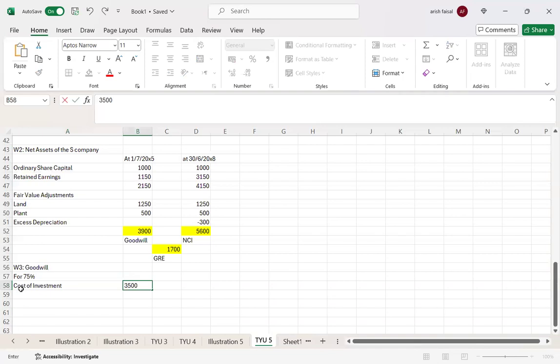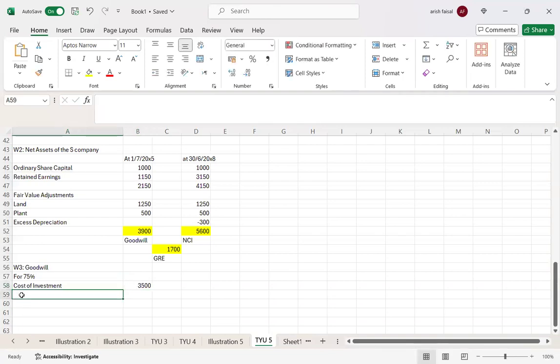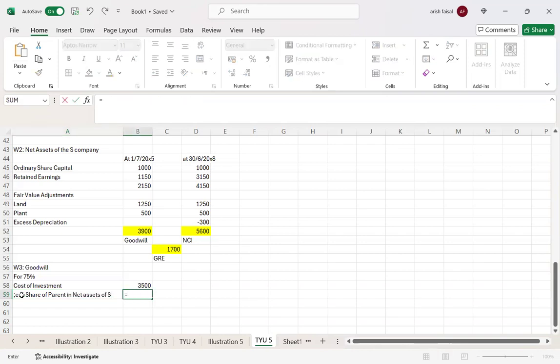And what has the parent actually acquired? Less share of parent in net assets of subsidiary. So this is like 3,900.